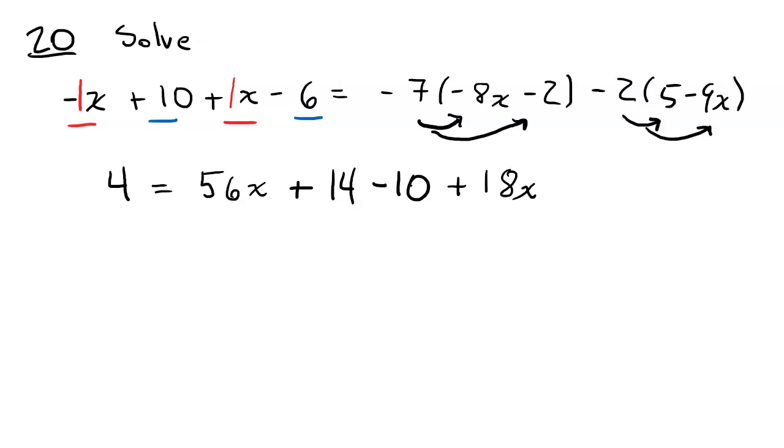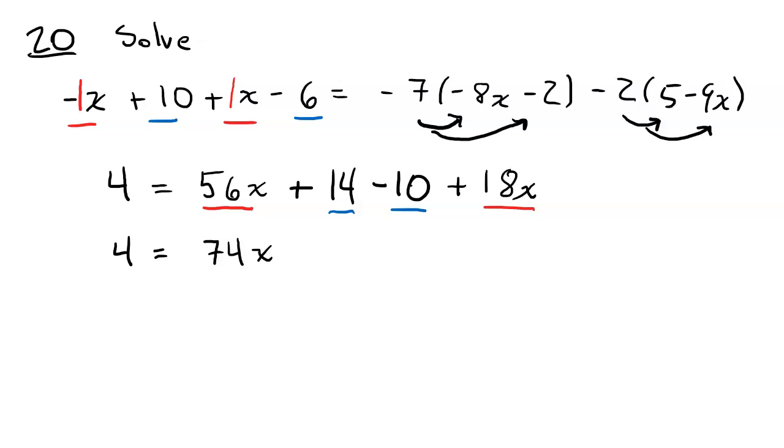The left-hand side we're going to leave alone for this next step. The right-hand side we're going to combine like terms, the x terms and the numbers. So we have 4 on the left-hand side, and then we have 56 plus 18, which is, nope, 74x.